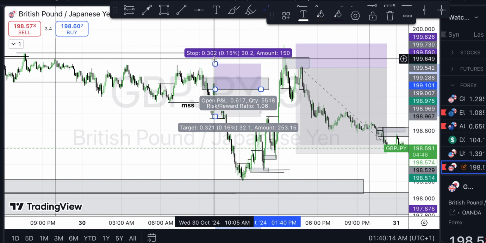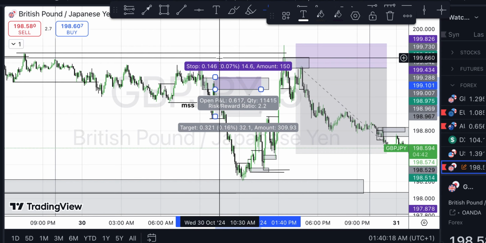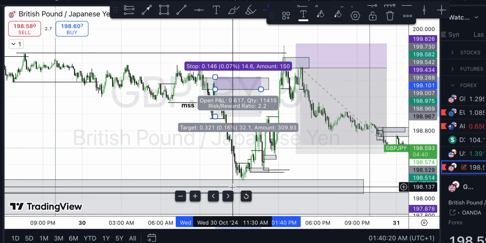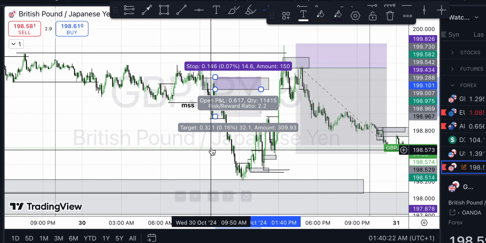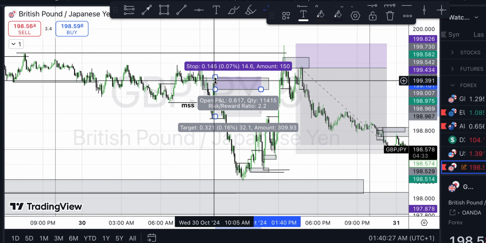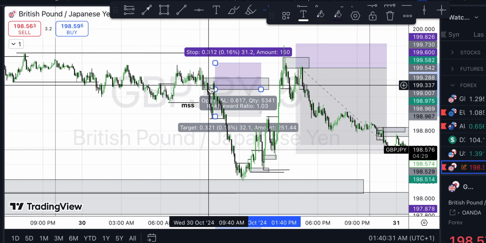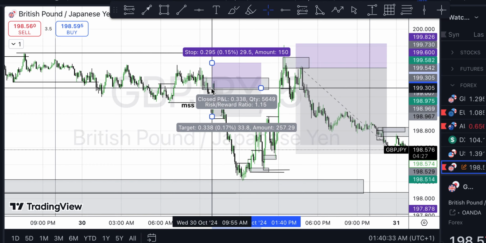Sometimes price might stop you out of the trade because of where you set your stop loss. Let's say for example I set my stop loss here, price might run you out and then boom, it goes your direction, and you'll be very angry because you were correct and at the end of the day you didn't make money from it. So you set your stop loss above here.